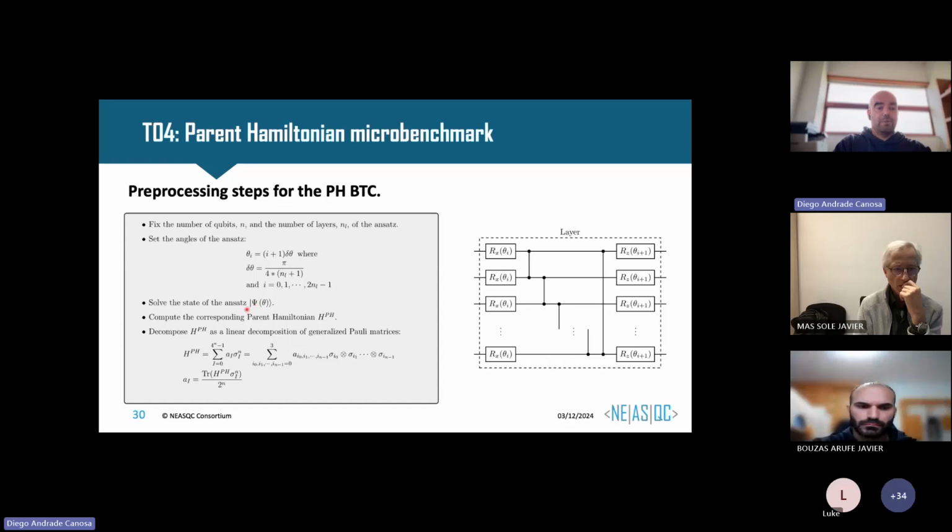And with this output, we are going to compute algorithmically, with a method that is well known in physics, the corresponding parent Hamiltonian. And this parent Hamiltonian, as is usual in this kind of application, is going to be decomposed using Pauli matrices.